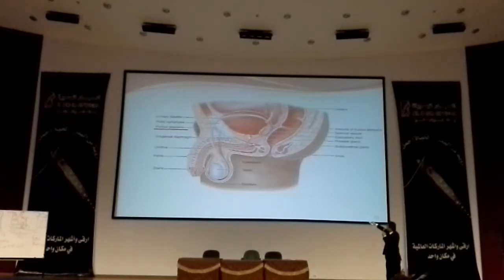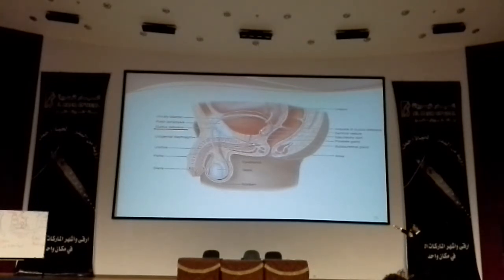This is the prostatic urethra, but it does not carry semen or sperm. So the unique duct that carries sperm and semen is the ejaculatory duct, and it's very important.